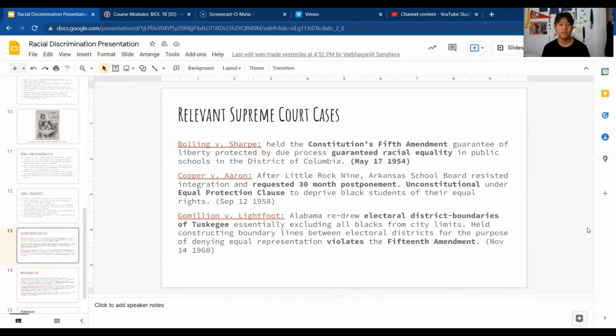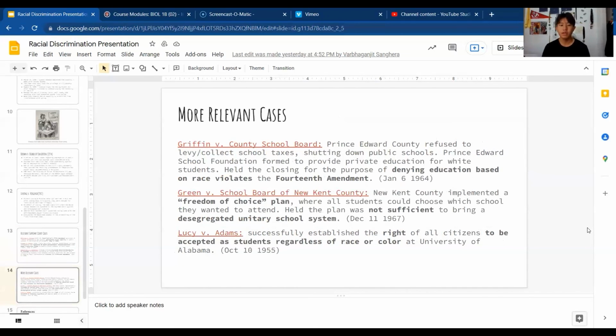Okay, and next case, Gomillion v. Lightfoot, in which Alabama redrew the electoral district boundaries of Tuskegee, and essentially it just excluded all Black residents from city limits. So the court found this violated the 15th Amendment because it denied equal representation. And more relevant cases, Griffin v.